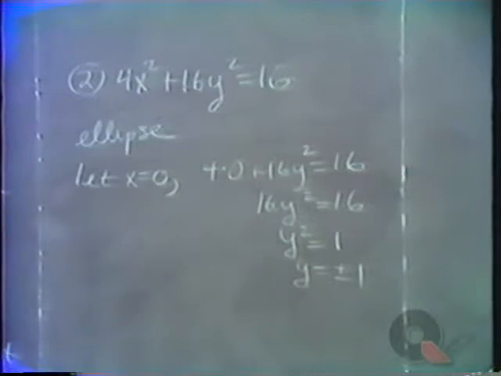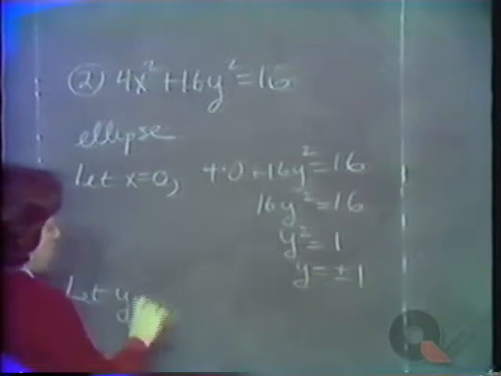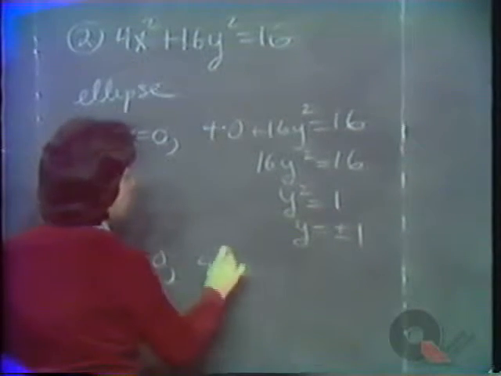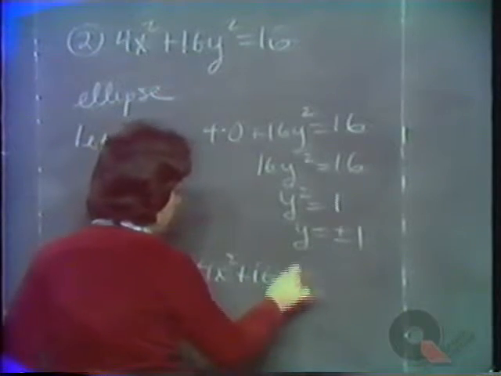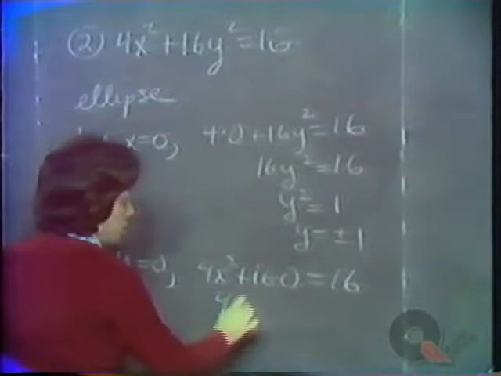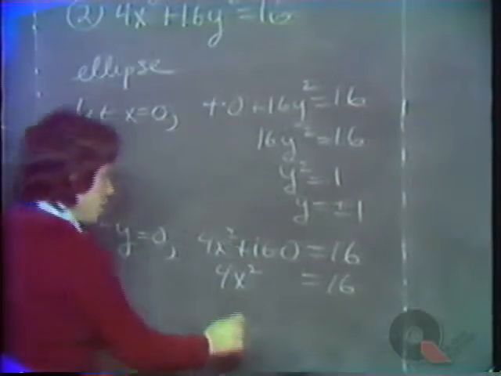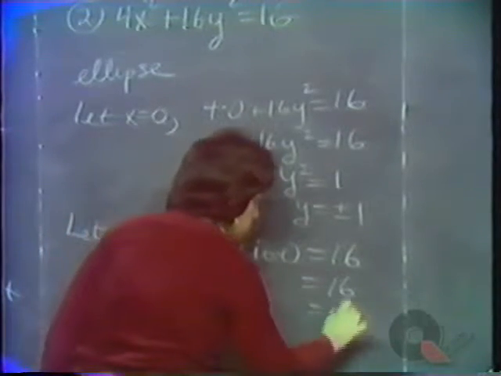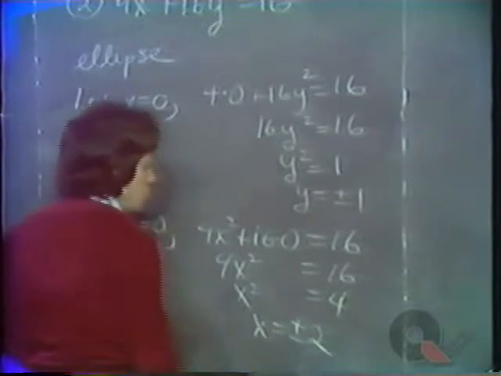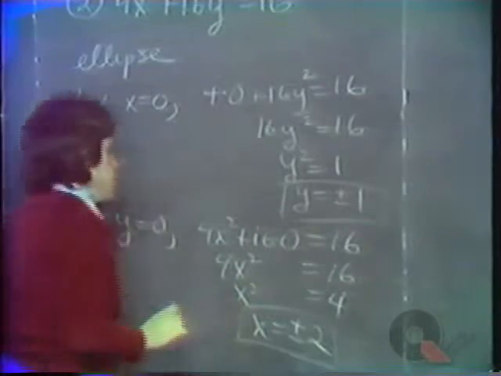We have 2 y-intercepts. And similarly, we can let y equal to 0 and solve for x. We get 4x squared plus 16 times 0 squared, or 16 times 0 is 0. 4x squared equals 16. Dividing through by 4, x squared equals 4. X equals plus or minus the square root of 4, plus or minus 2. We have 2 x-intercepts and 2 y-intercepts.